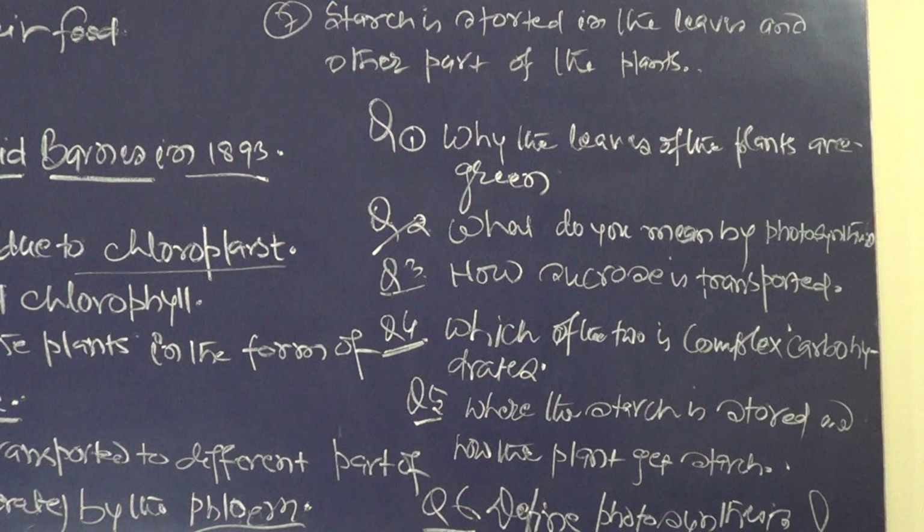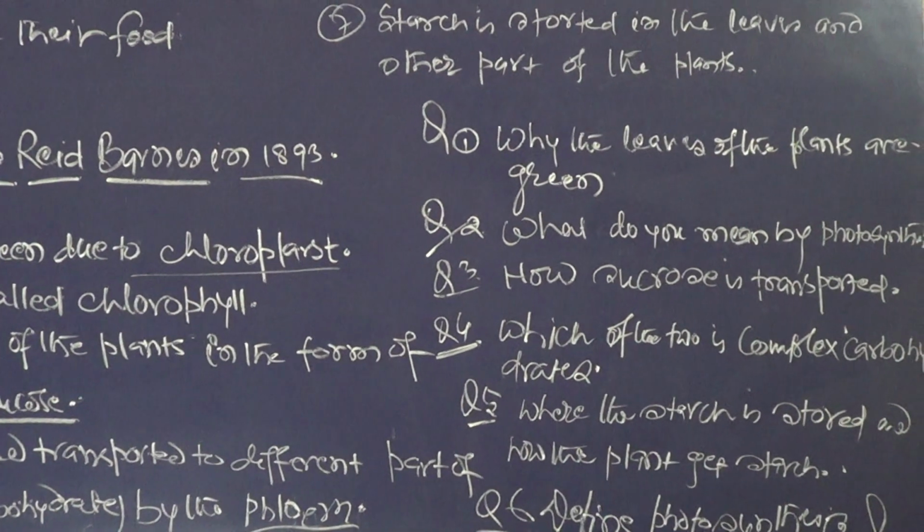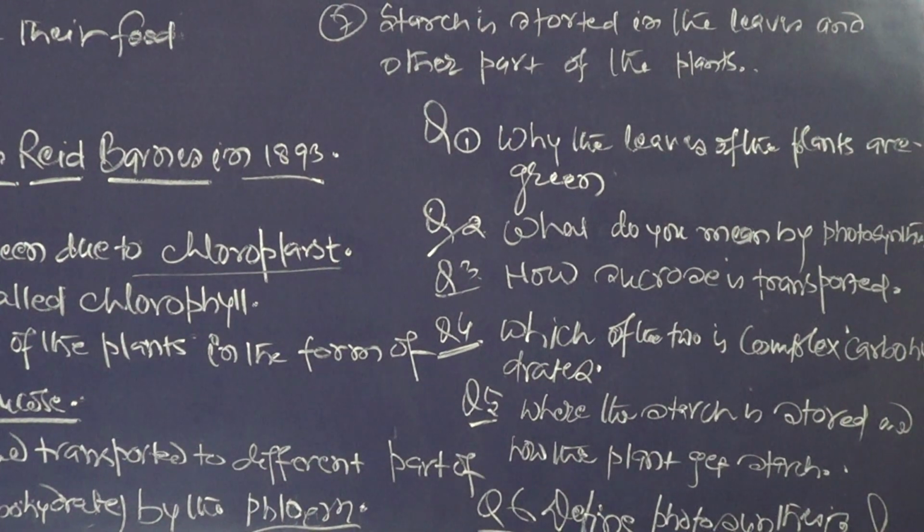What do we mean by photosynthesis? Why are the leaves of plants green in nature? We have discussed the process by which green plants prepare their food from carbon dioxide and water, using solar energy in the presence of chlorophyll. So what is photosynthesis?